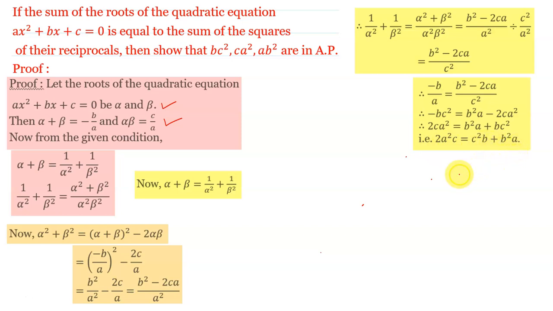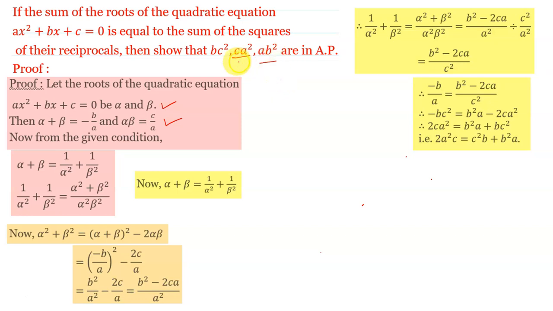Now we'll prove that here. That is bc square, ca square, ab square are in AP. हे प्रूव्ह करण्यासाठी these are in AP means what? ca square minus bc square is equal to ab square minus ca square असं आपल्याला प्रूव्ह करायला पाहिजे.